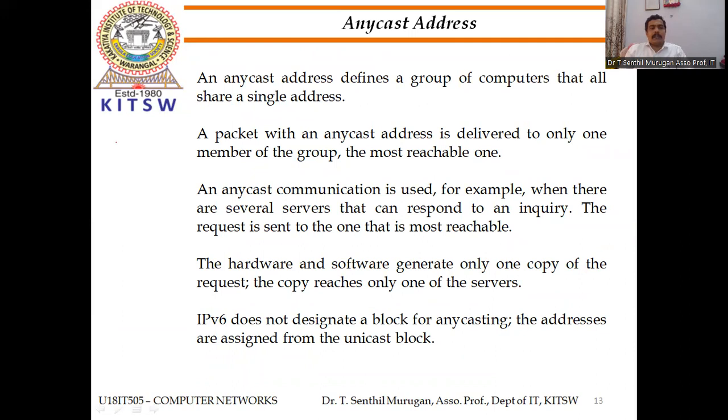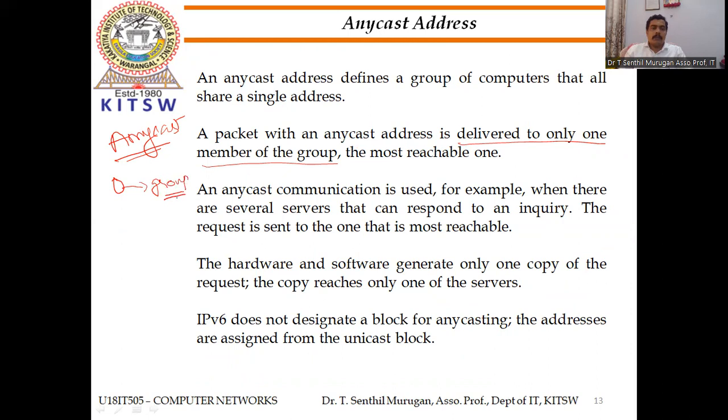Here, unicast address is there. So we already know unicasting, multicasting, and broadcasting. In IPv6, there is no broadcasting, only multicasting or anycasting. What is anycasting? Anycasting means it is delivered to only one member of the group. We know that multicasting means one message will be delivered to the group.